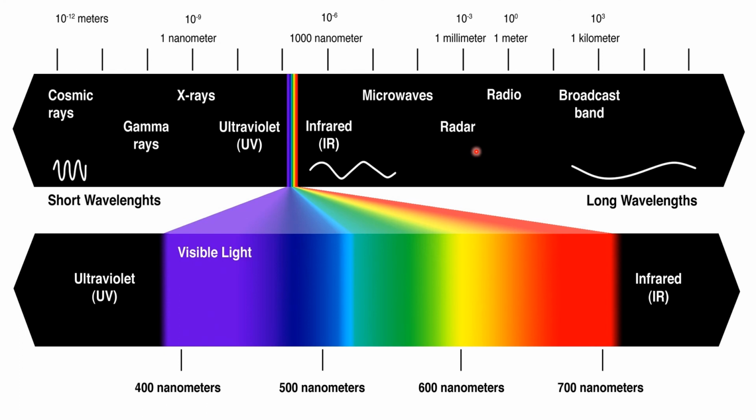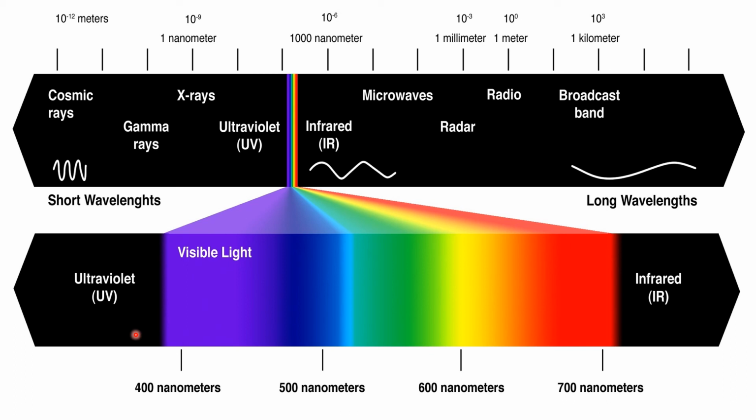Different waves have different ranges of wavelengths and frequencies. Okay, so this is called the electromagnetic spectrum, in which we can see only this portion.